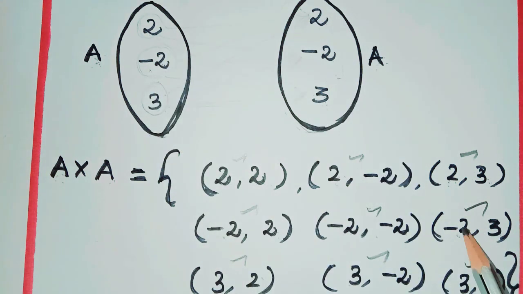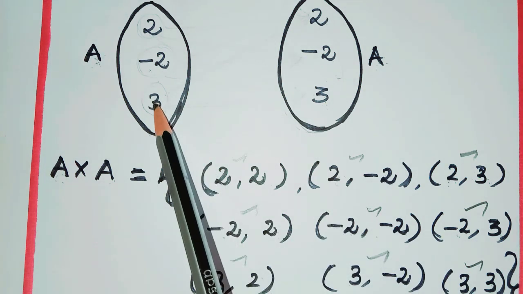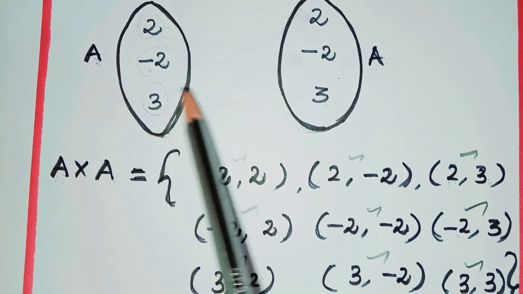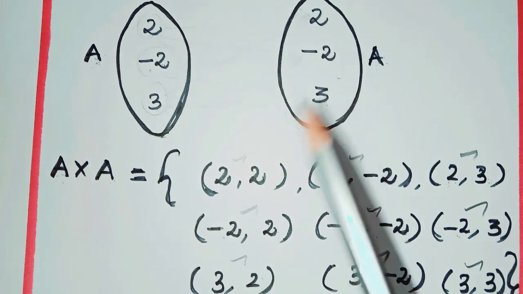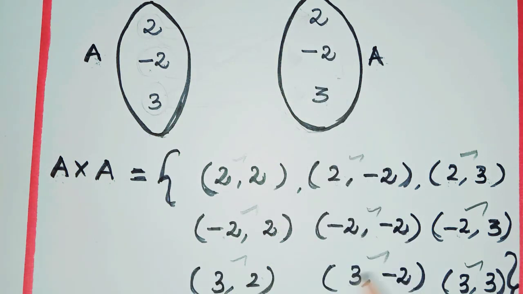Here the first elements are minus 2. Next, we use the third element 3 paired with 3 elements. We get 3 comma 2, 3 comma minus 2, 3 comma 3. These are the 3 possible ordered pairs using the number 3. Here the first elements are 3.